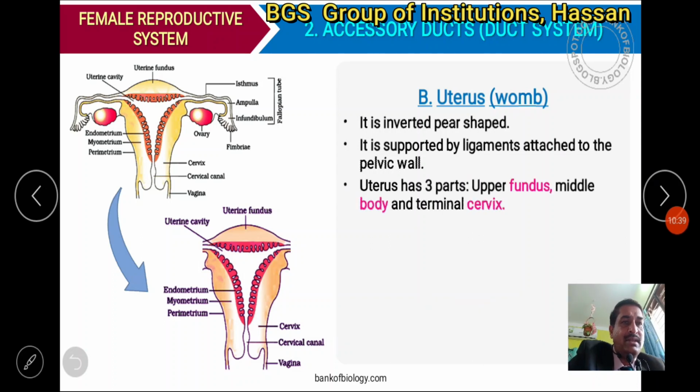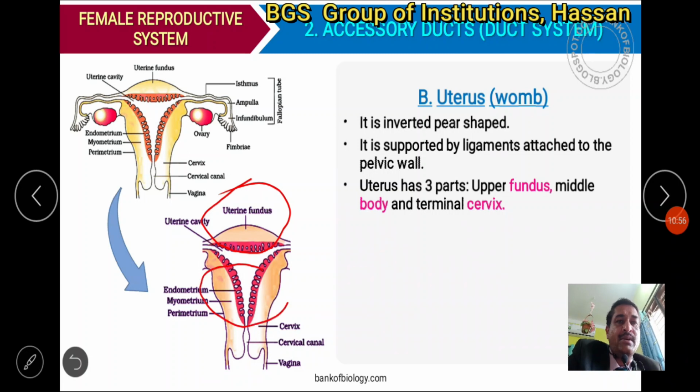Already we have discussed this point. The uterus has three major parts: fundus, body, and cervix. The upper part is called fundus, the middle part is called body, and the lower part is called cervix.